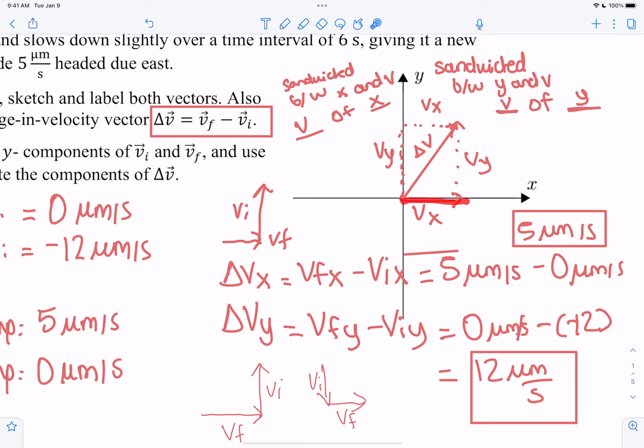If VI is like this and VF is in the fourth quadrant, then if I'm doing VF minus VI, it would have to shift upwards to the first quadrant, so above the x-axis.